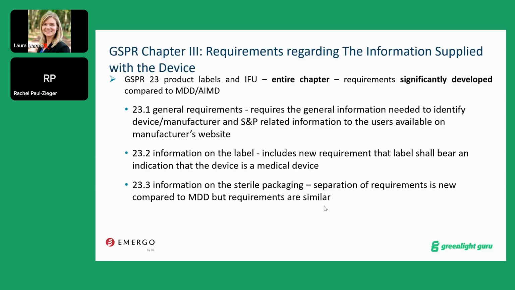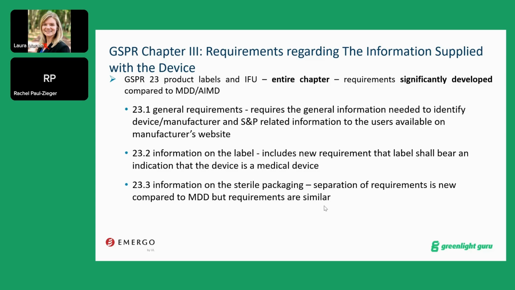What about the requirements regarding the information supplied with the device? So in fact here, this is a GSPR 23 about product labels and instruction for use. There is now an entire chapter about this, and the requirements have been significantly developed compared to MDD.